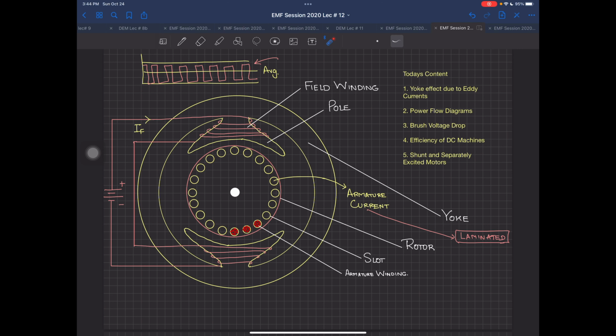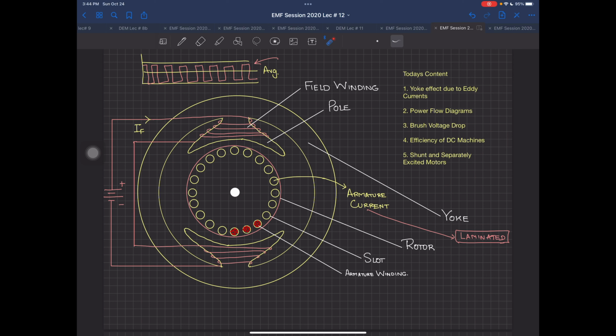As far as the field winding is concerned, if it is a permanent magnet, then there is no need of any laminations, because eddy currents are not going to be there, because the magnetism is going to be constant in that machine unless the magnet loses its magnetism.